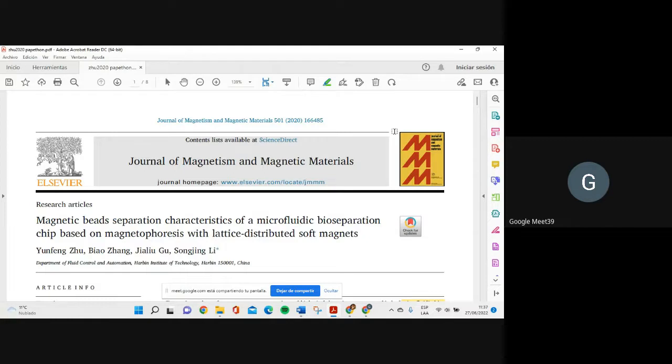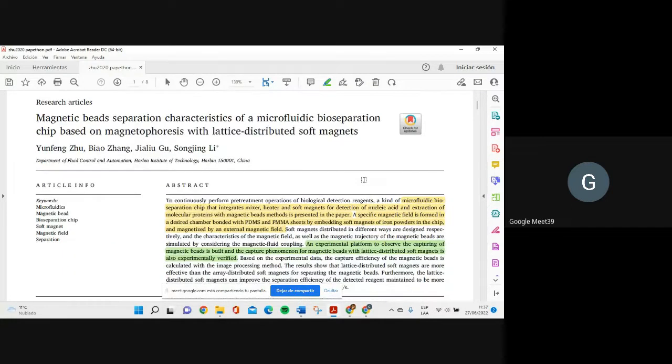This paper is Magnetic bead separation characteristics of a microfluidic bioseparation chip based on magnetophoresis with lattice distributed soft magnets. Well, they used an experimental platform to observe the capturing of magnetic beads in a fluid and the capture phenomenon of magnetic beads with lattice distributions of magnets.